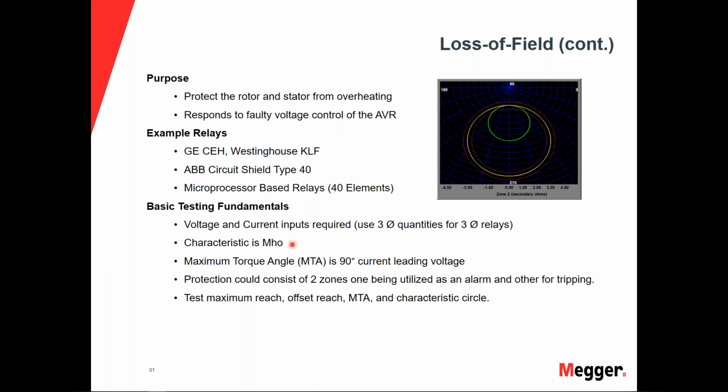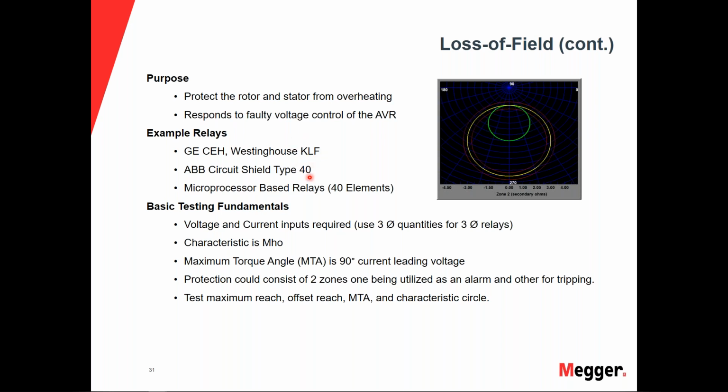When you do this test, it is very good to test it 3-phase. It's actually a 3-phase event that happens, so we want to make sure that we are testing it 3-phase if possible. When you get to the old electromechanical styles, they usually use open delta PTs for this, and usually one CT that comes into this relay as well.